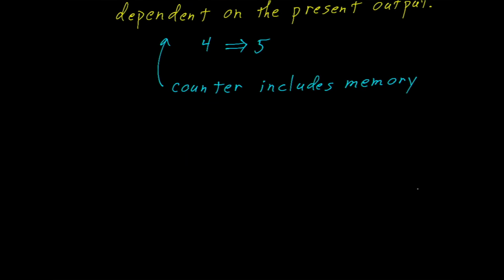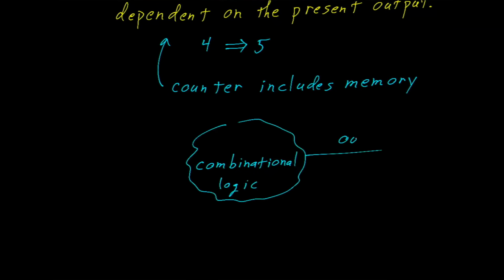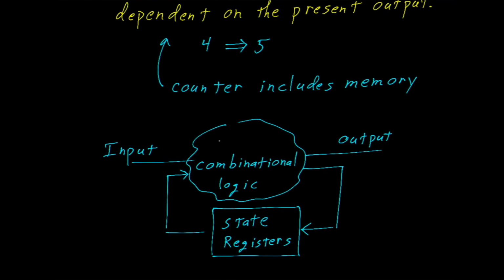We need a structure that looks something like this. In the center, we have that combinational logic that we've been studying. The machine has one or more outputs and may have several inputs. To this, we add something new.